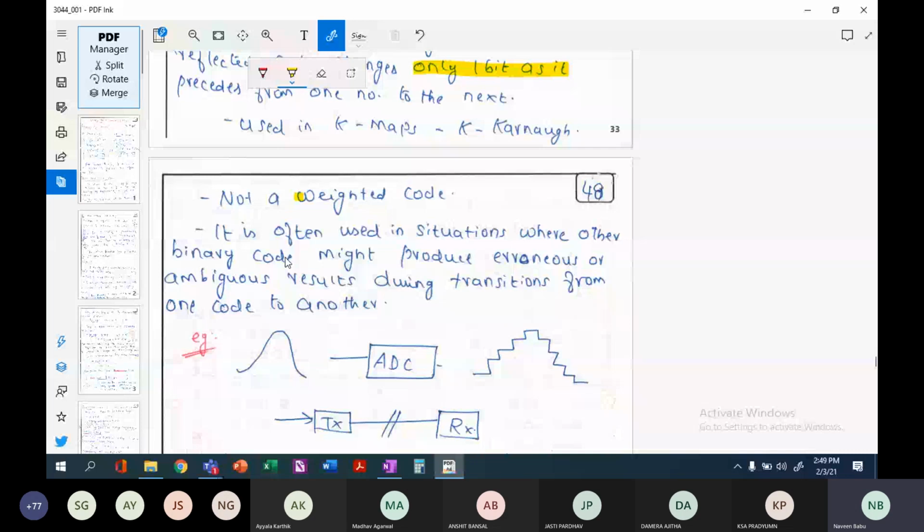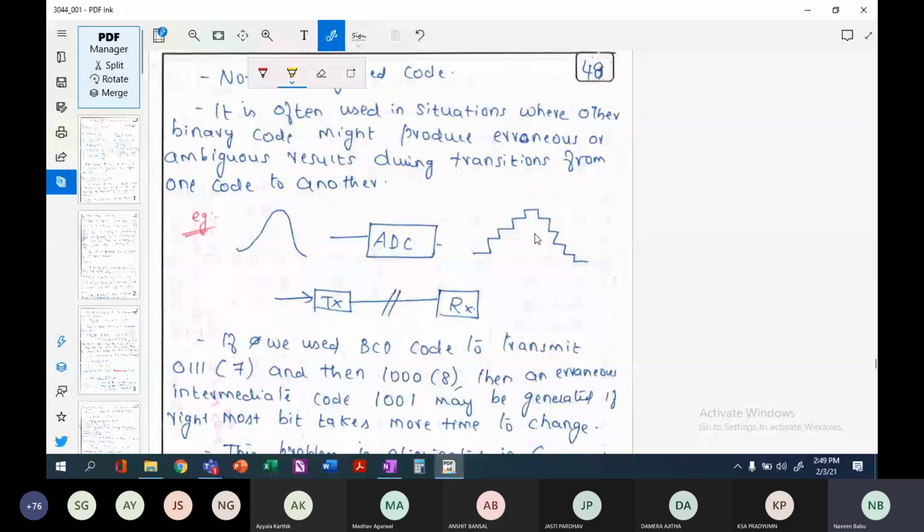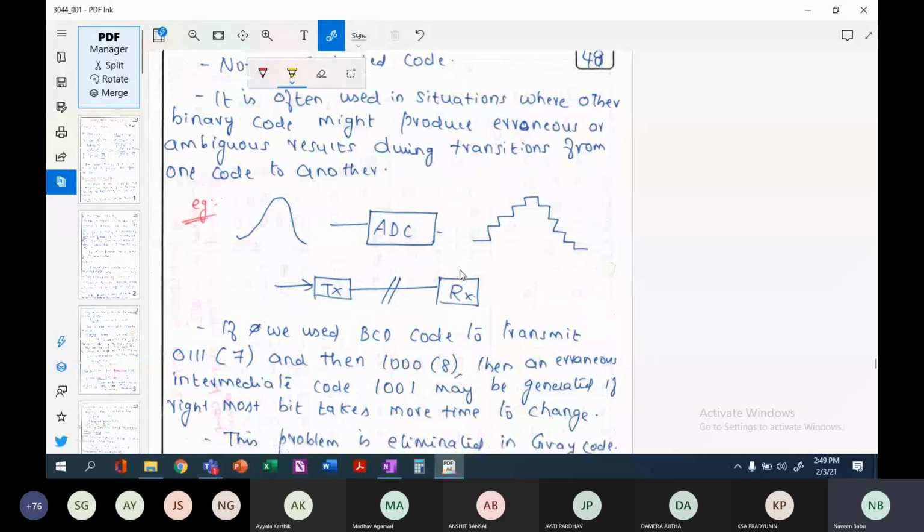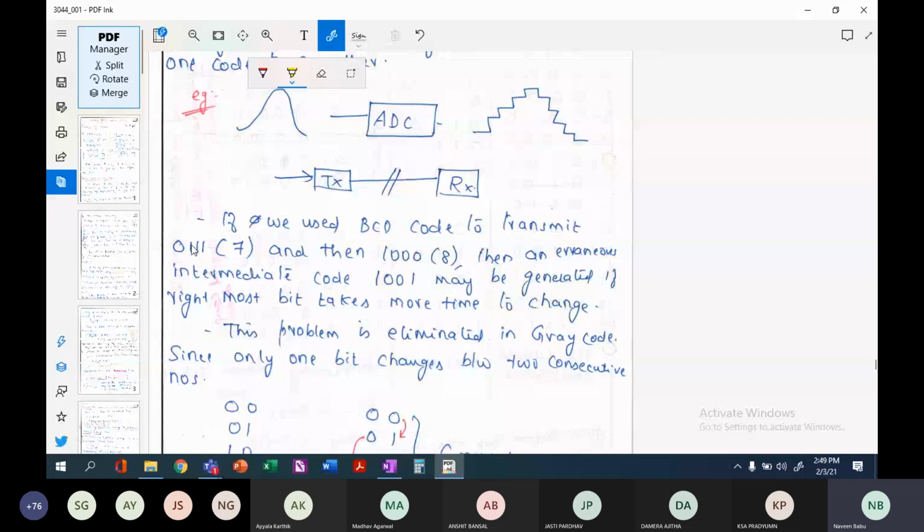They are used in situations where you will get errors during transmission. If you are transmitting an analog signal from one place to another, then obviously you will transmit the bits. As an example, say you are first sending 7.